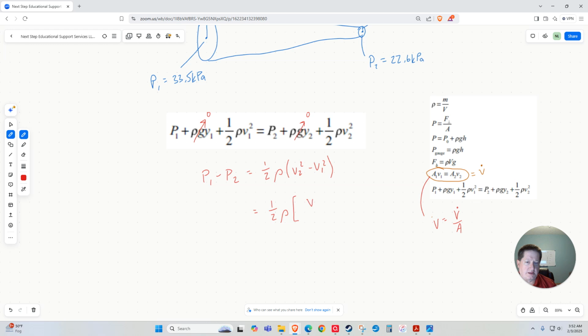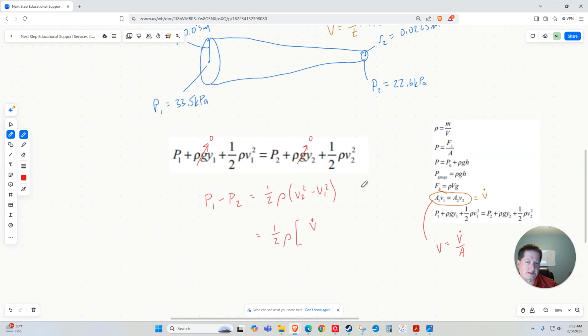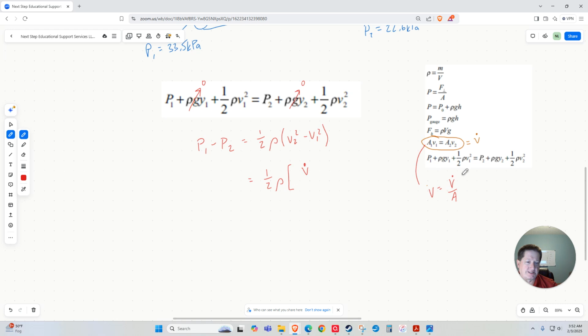Velocity 2 is going to be the common volumetric flow rate. Remember, this pipe is closed, so whatever goes in has to come out. So the volumetric flow rate is the same for both locations. But this will be the area 2, and that quantity will be squared. Same volumetric flow rate. Area 1, quantity squared.